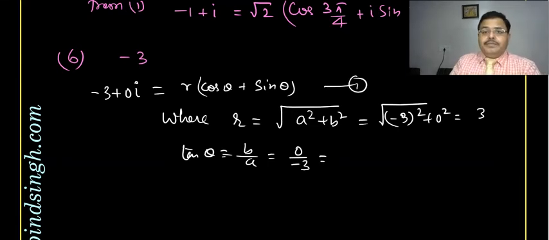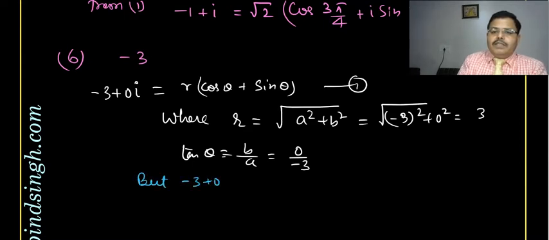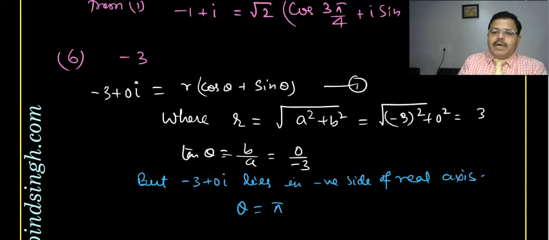but 0 upon minus 3, in which quadrant does it lie? Minus 3 lies on the negative side of the real axis, right? So minus 3 plus 0 iota lies on the negative side of the real axis, and therefore theta is equal to pi.